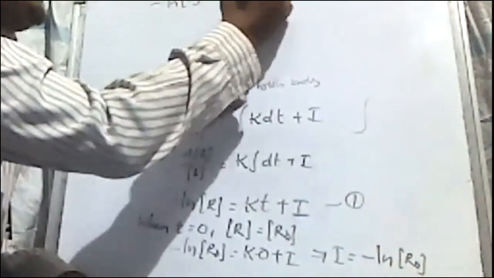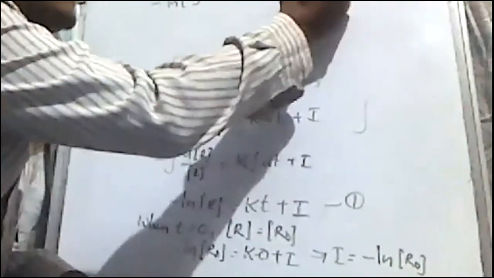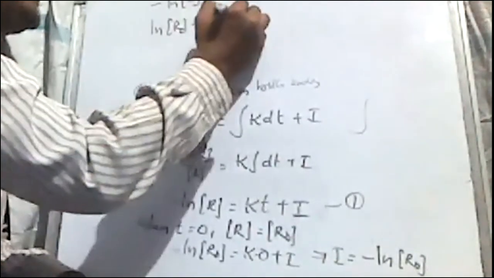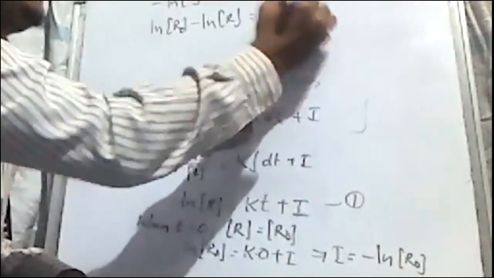If I substitute, what will happen? Minus ln R is equal to Kt minus ln R naught. Bringing this to the other side, ln R naught minus ln R is equal to Kt.